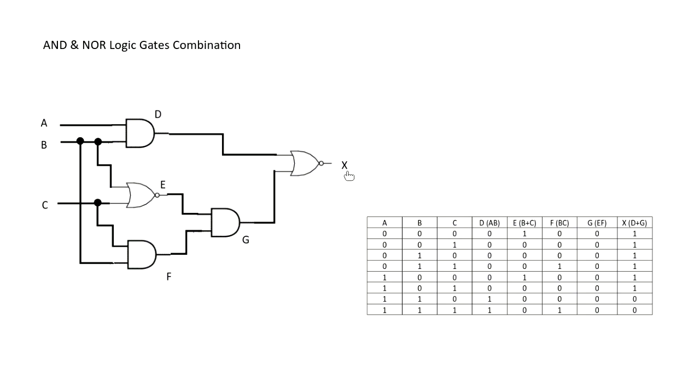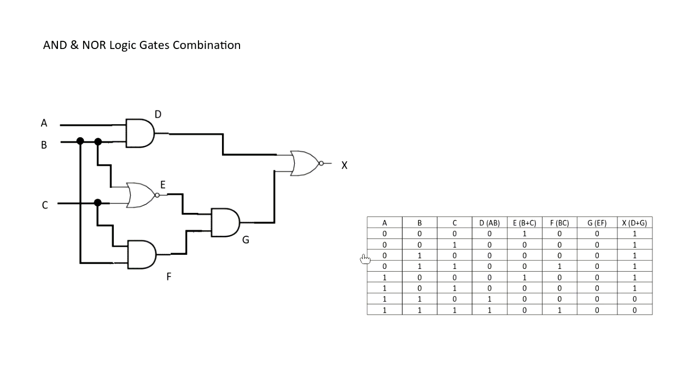The reason I'm showing you this example is this truth table. It has many columns. The first 3 columns are for the inputs A, B, and C, and the last column, X, is the final output of this whole combination logic circuit.